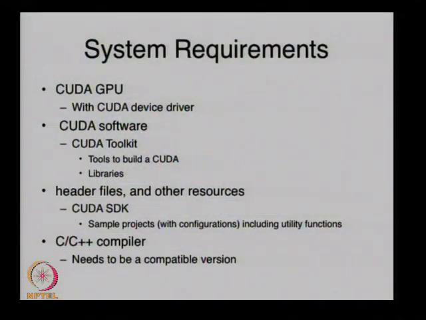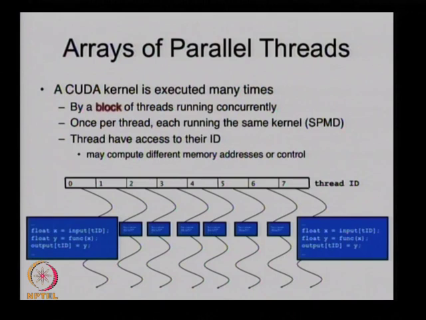Okay. And so this is the basic way in which it gets done. You write a function that pretty much looks like a CPU function. We'll see examples shortly. And you say, run this function so many times.